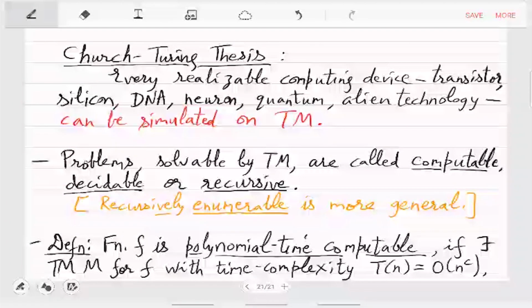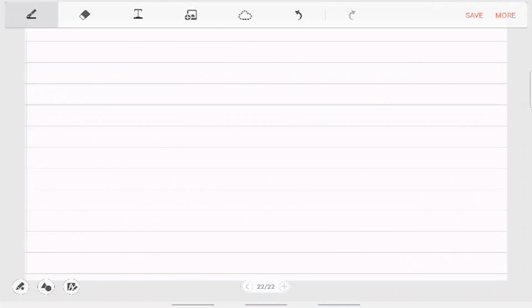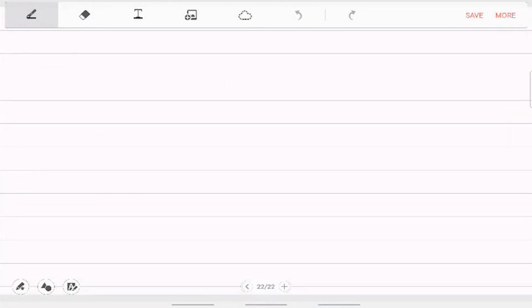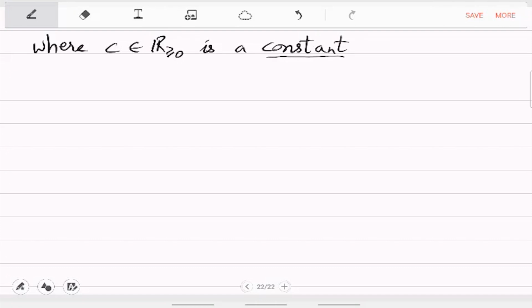Okay, where c is an absolute constant. What does constant mean? Constant means doesn't depend on n, on the input size. Okay, so that is independent of the input size n. This is what we will always mean.